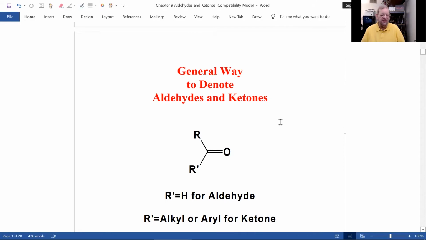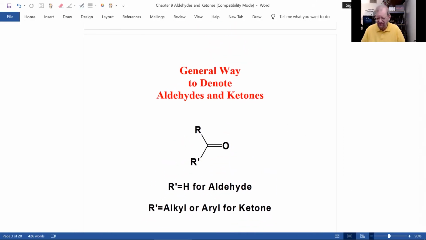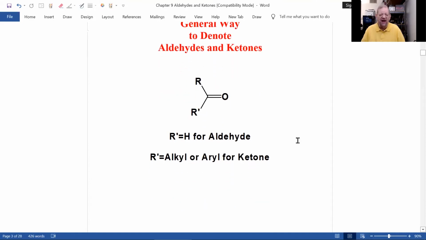One of the ways to denote a ketone and aldehyde is like I have here, R and R prime. When R prime is hydrogen, it's an aldehyde. When R prime is something with carbons, alkyl meaning alkanes, or benzene ring, aryl.